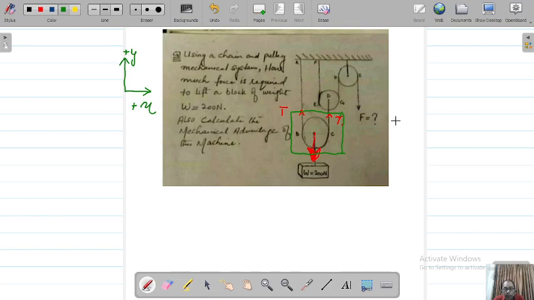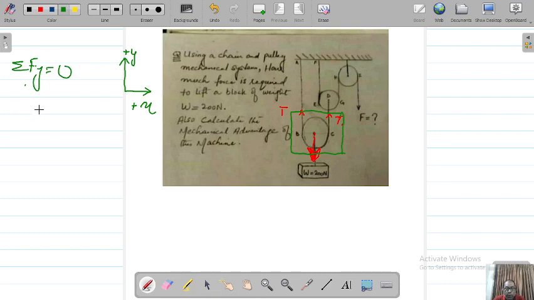Just apply sigma F on this system. You will have one tension force here and another tension force T, remember this is T. Apply sigma Fy equals 0.